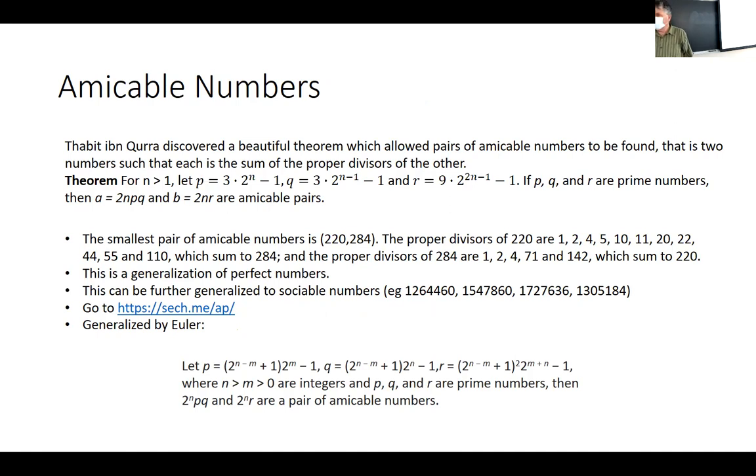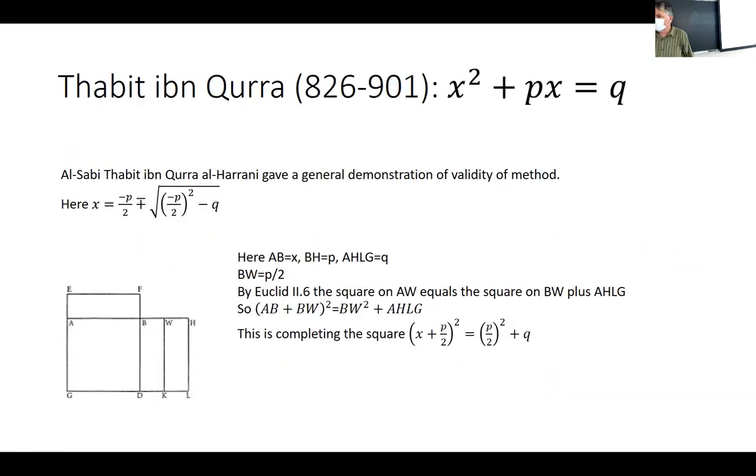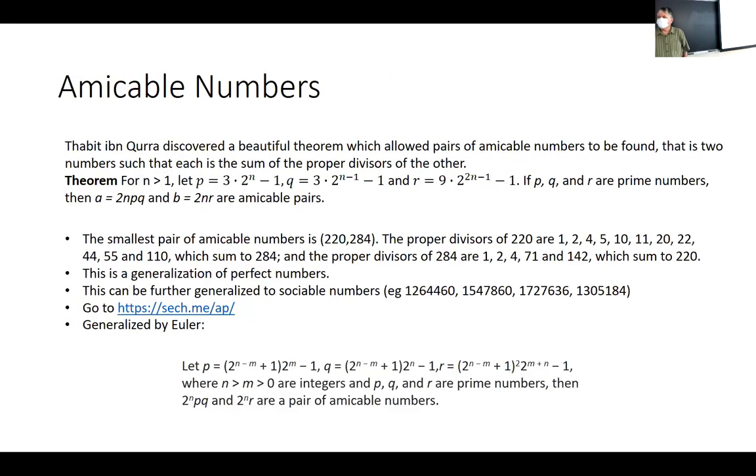So Thabit ibn Qura was an interesting person. He was a Sabian, which was an extinct religion.